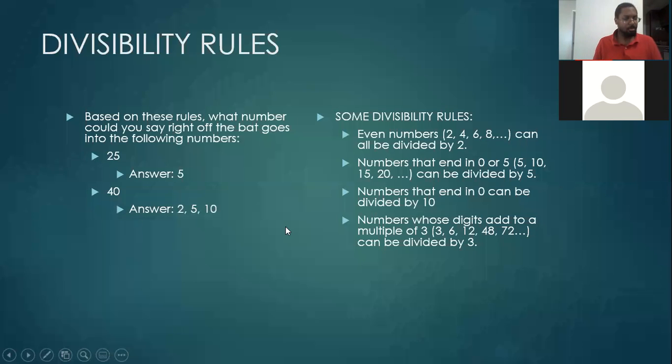All right. So at least 2, 5, and 10. Right? It's an even number. It ends in a 0, which means 5 goes into it. And it ends in a 0, which means 10 goes into it, at the very least.